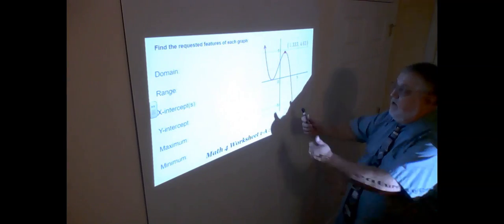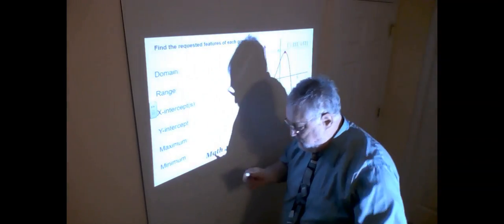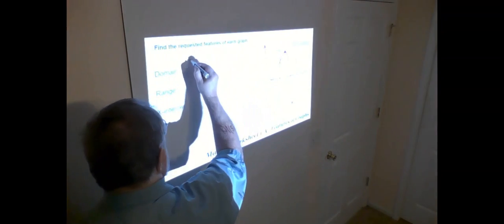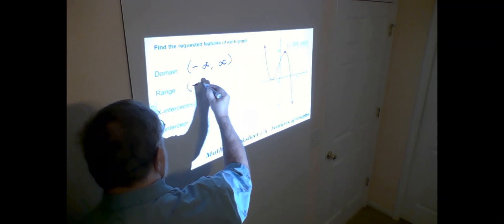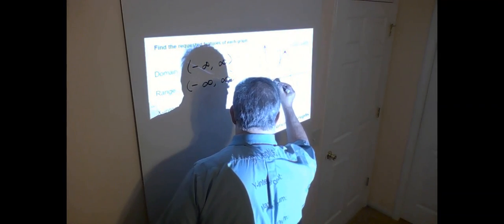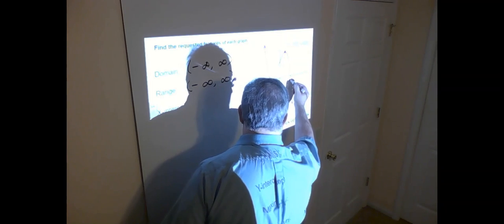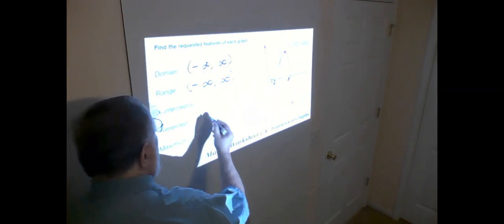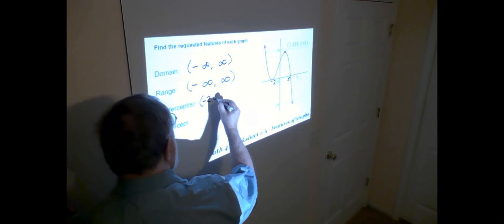The domain goes on forever in both directions. And for that matter, so does the range. The x-intercepts are at -2 and at +3. The y-intercept is up here at +3.